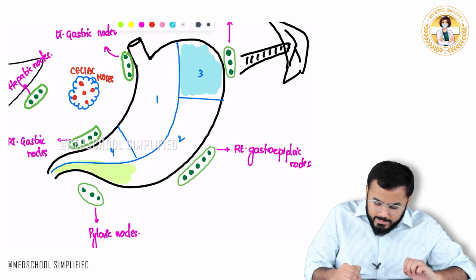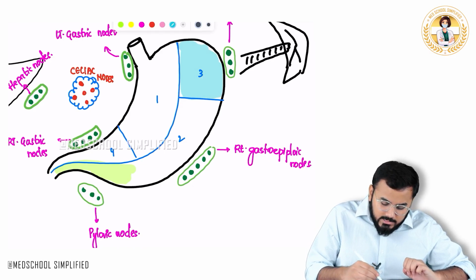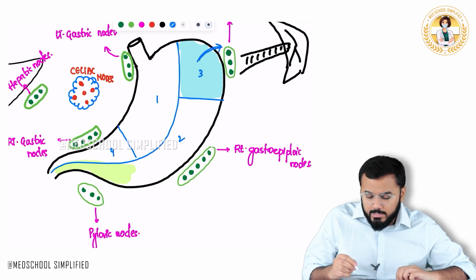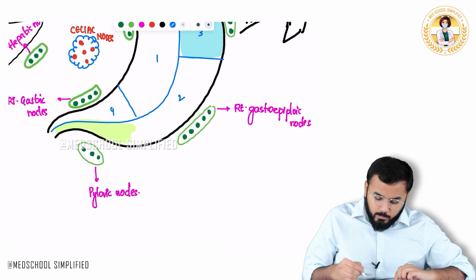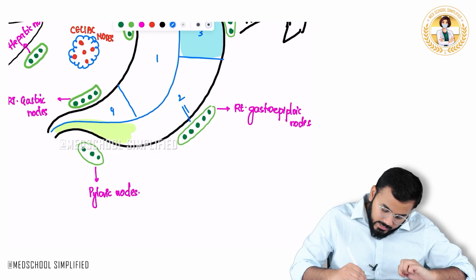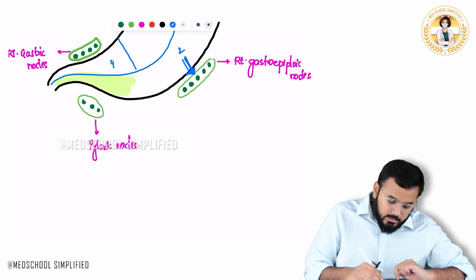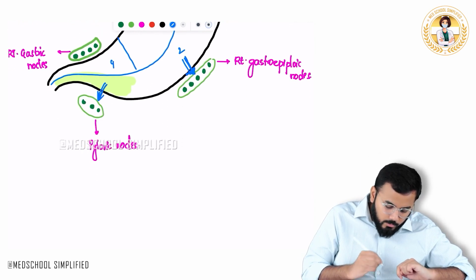This entire part number 3 has drained its complete contents into which group of lymph nodes? It drained its complete contents into, let us say, the pancreaticosplenic lymph nodes. Next, part number 2 will completely drain its fluid into which lymph nodes? The right gastroepiploic nodes. Next, the pyloric part will drain into the pyloric group of lymph nodes.